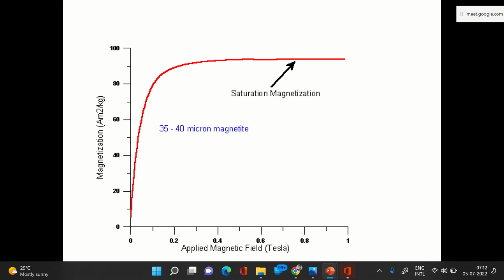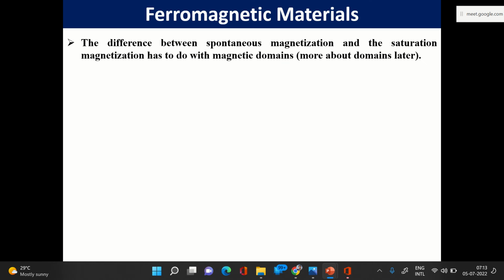This is the magnetization versus applied field, and this is the saturation value. There is no change when the applied field is changed. So this is how it is.